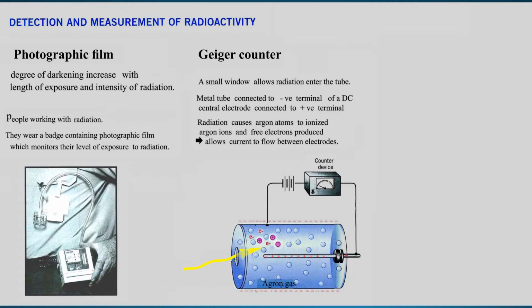And once it becomes an argon ion, it conducts electricity. Now the rod and the tube can conduct electricity, and it will be detected by the detector.